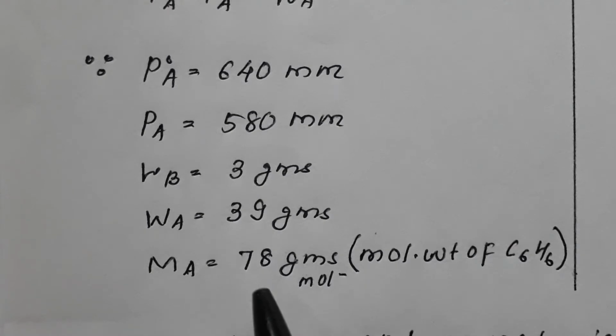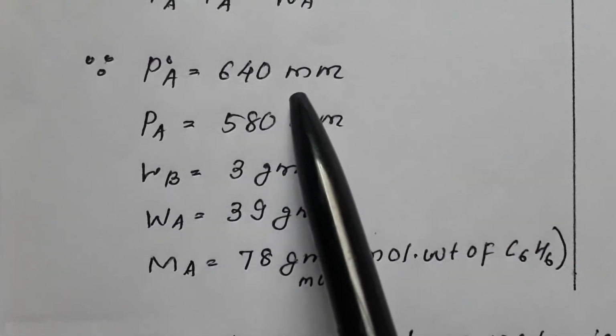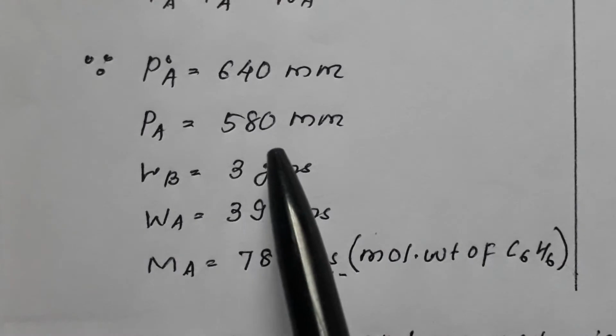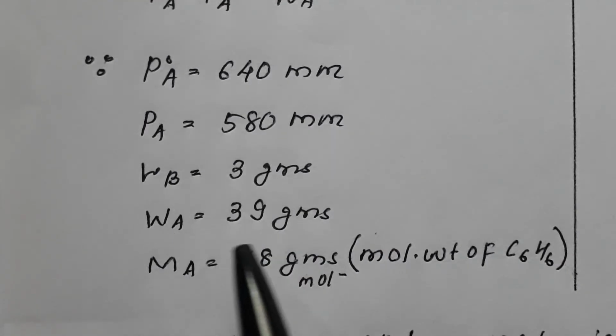And the molecular weight of benzene, as we know, is 78 AMU. So we have been given the vapor pressure of pure solvent, vapor pressure of solution, weight of solute taken, the weight of solvent taken, and the molecular weight of the solvent is known.